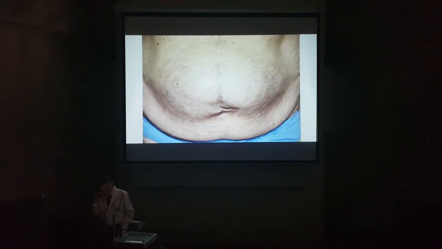You look at the abdomen of this person, you may notice that there is a scar. You know what a scar is? Fibrous tissue of an old incision. Here is a scar, and here is a swelling on both sides of the scar.